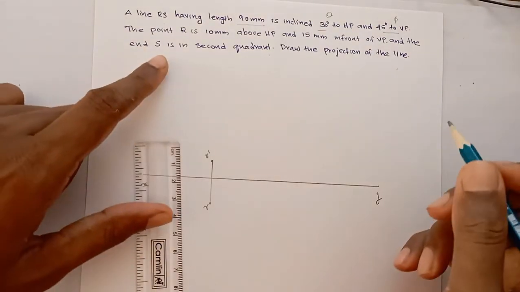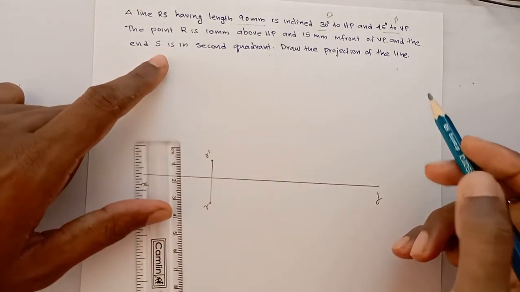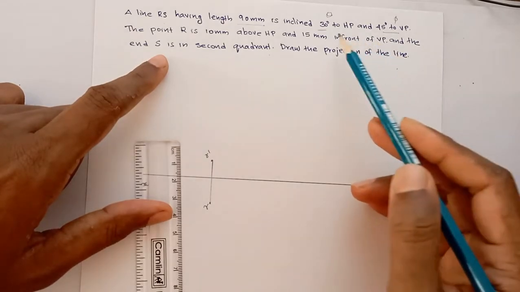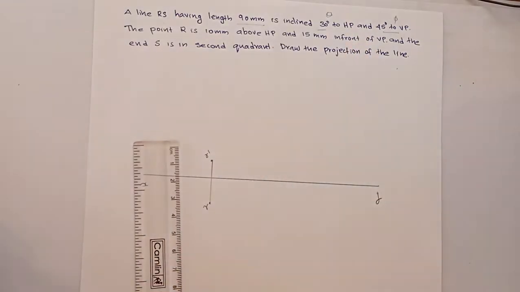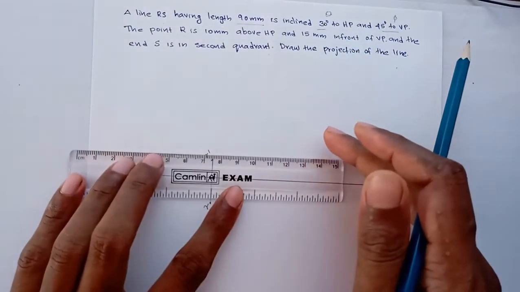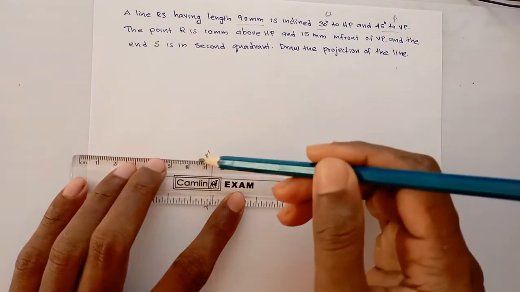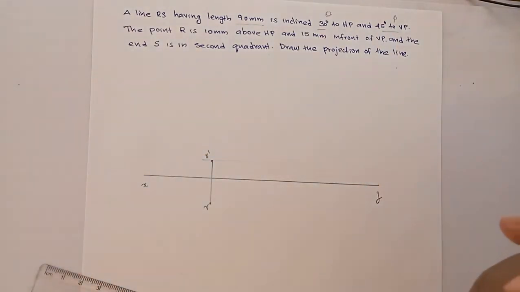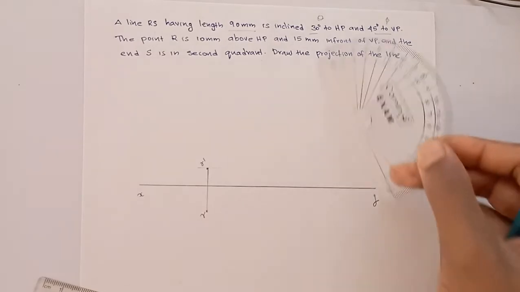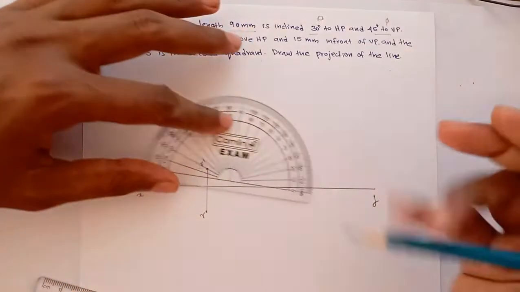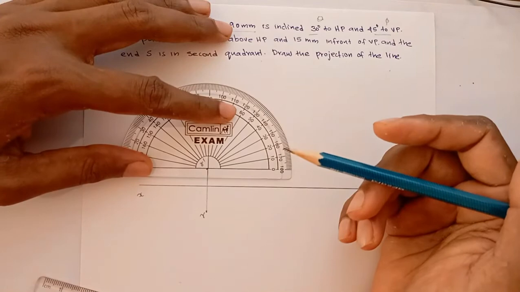And next we need to make the line parallel to VP and inclined to HP, taking the angle 30 degree to HP. Here you just need to draw a line in order to take the angle. Then you need to take the angle 30 degree from this line, because the line is inclined 30 degree to HP.